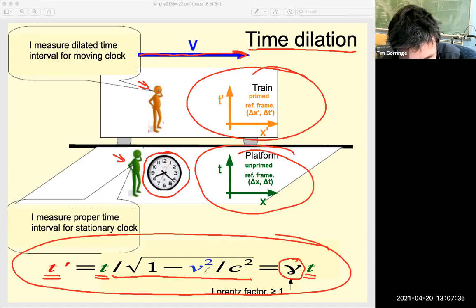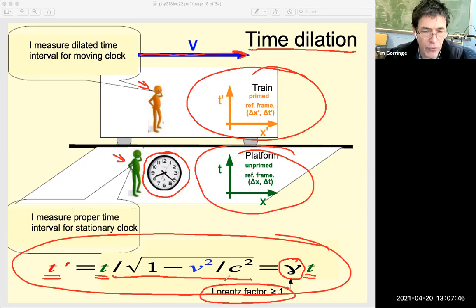And that factor would be 1 if the train was at rest with respect to the platform, and it gets bigger than 1 if the train is moving through the station, in motion with respect to the platform. And that's time dilation. That's that the ticks of the clock on the platform start to stretch out when observed from the moving train. And the faster the train is moving, the more they will stretch out. And that's time dilation.